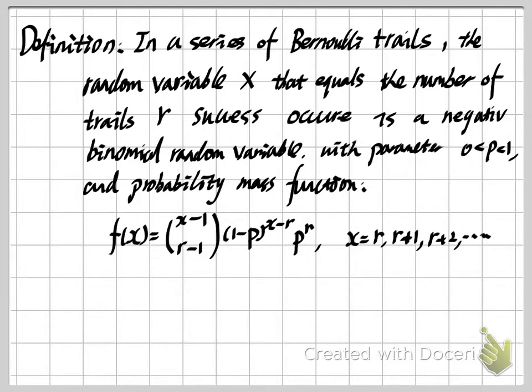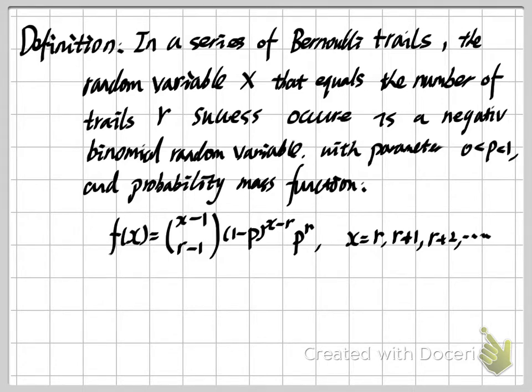For each trial, the probability of getting a success should stay constant, which we generally denote by a small letter p between 0 and 1. Now we define a random variable X equal to the number of trials until R successes occur.